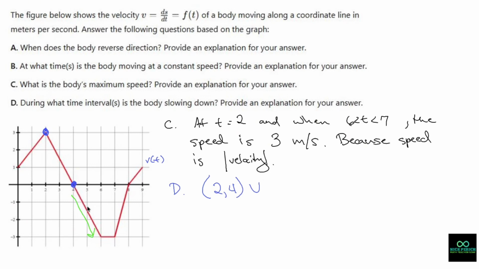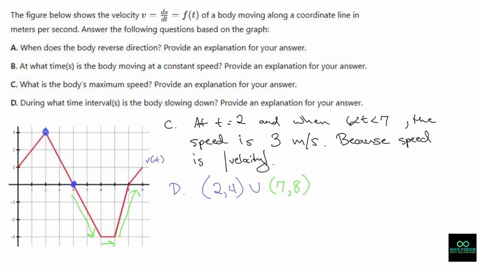Now we're moving backwards, moving faster. This is not slowing down. This is speeding up. This is staying at the same speed. And here, we're slowing down while going backwards. So the other interval is going to be between 7 and 8, because we're slowing down while going backwards.